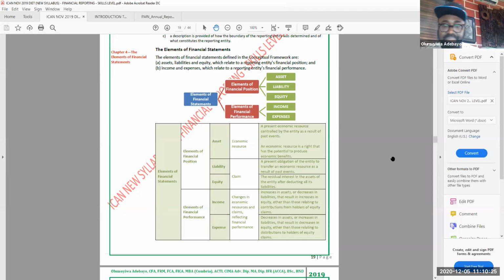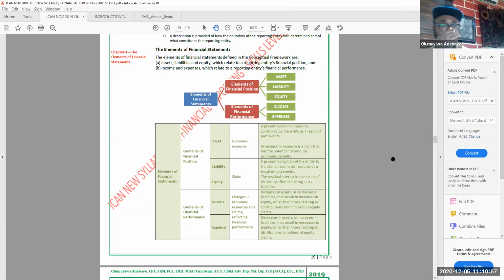Similarly for income. Income for financial reporting purposes is not necessarily until you carry out activity. But income is anything that brings about increase in your assets or brings about what? Decrease in your liabilities, which ultimately results in an increase in your equity other than you considering the effect of new capital being contributed by the owners.